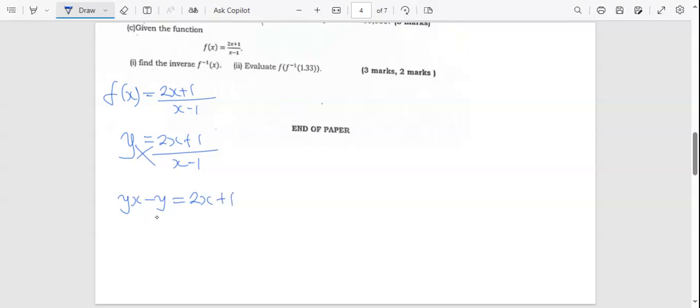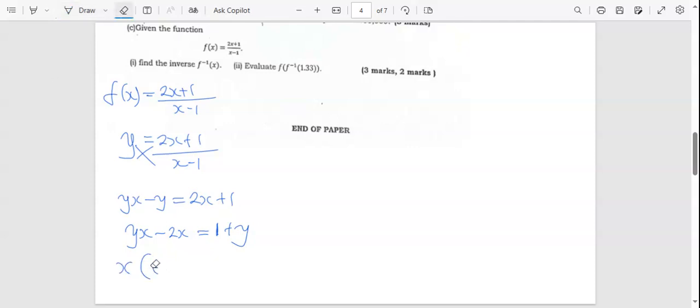From there, we group the like terms. So that will be yx minus 2x is equal to 1 plus y. This y will go to the other side. From there, we factor out what is common, x. We're interested in x making the subject of the formula.